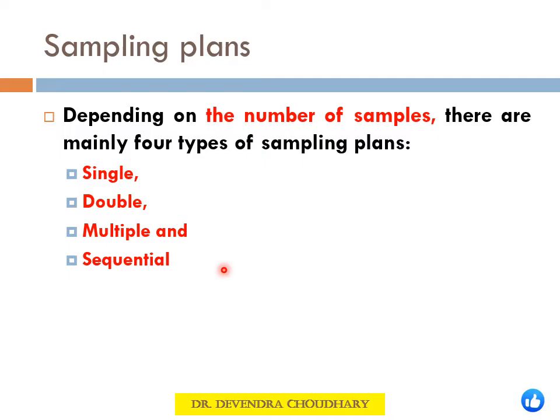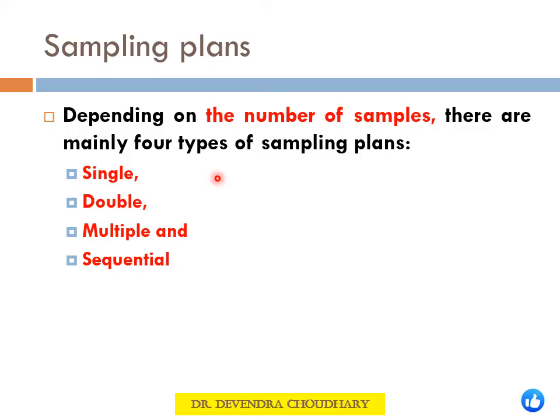Today we will define these plans and we will discuss these plans in more detail in subsequent sessions. We will design each kind of sampling plan, and we design the sampling plan so that it is effective.